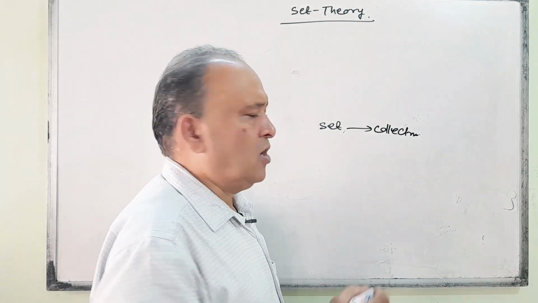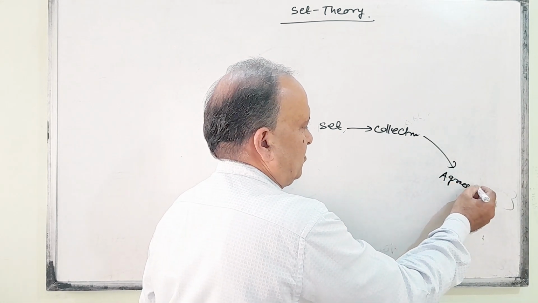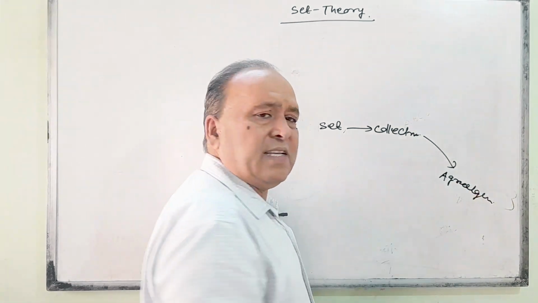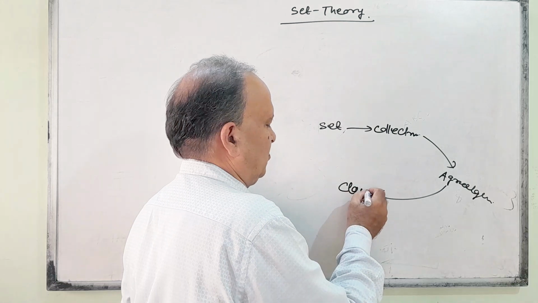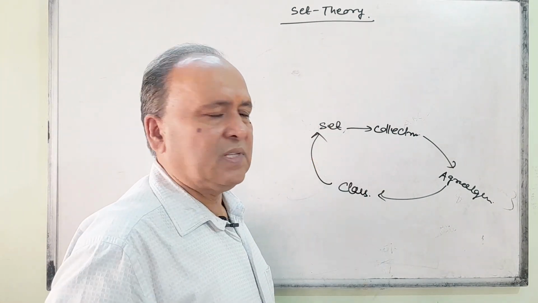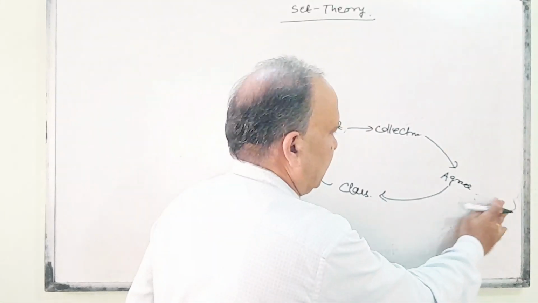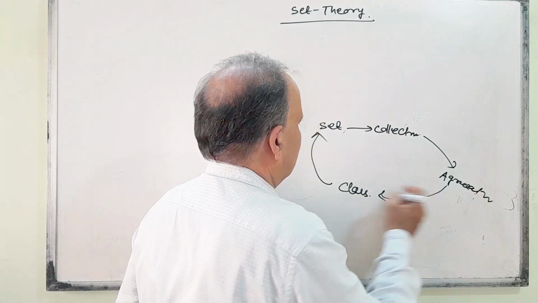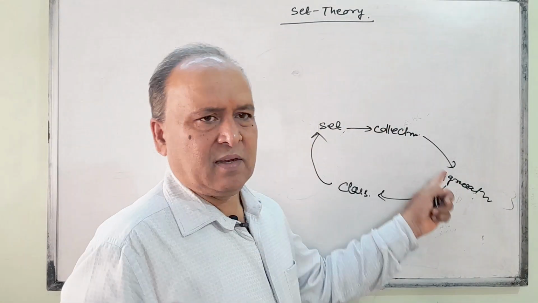What is collection? Collection means aggregation. What is aggregation? Aggregation means a class. What is a class? Class means set. That means set, collection, aggregation, class, set. These are in a circular manner.